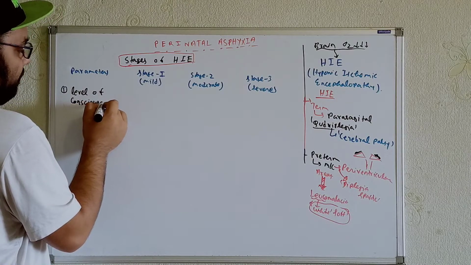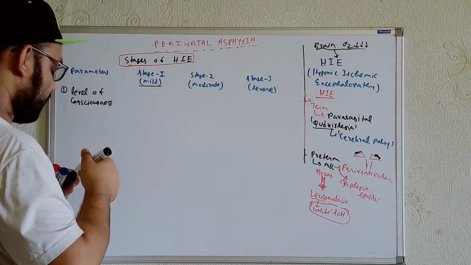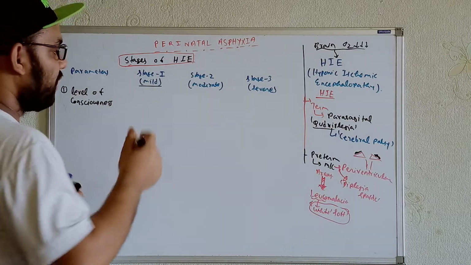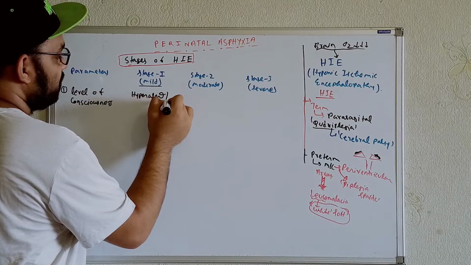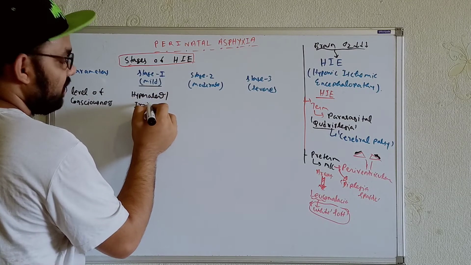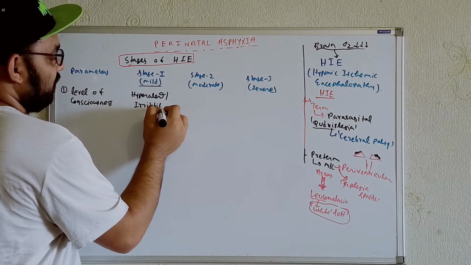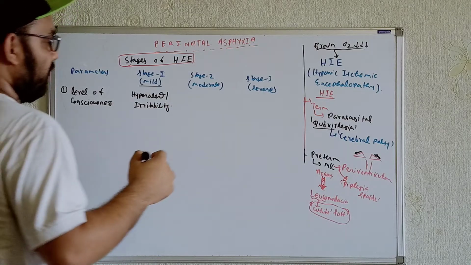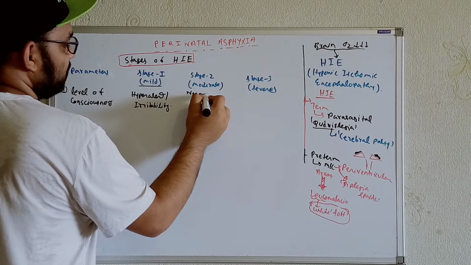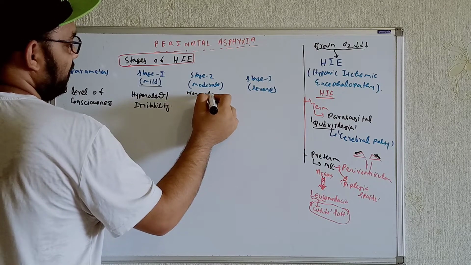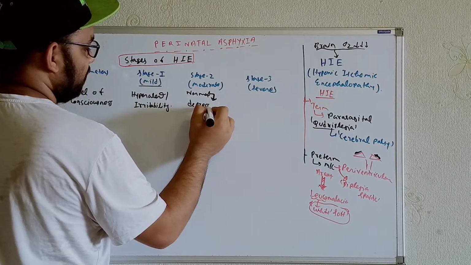If we see the neonates under stage 1, the mild case, the individual will be hyper alert, and we can also see irritability, a kind of irritation within the individual. In stage 2, the level of consciousness will be from normal to depressed. That means at first it will be normal, and as time passes we can also get depression.